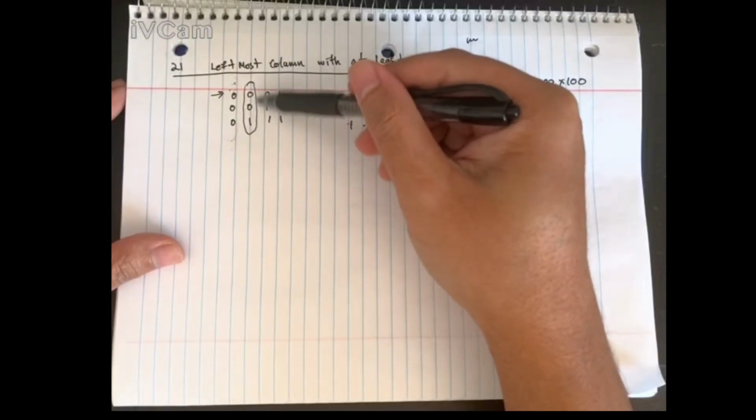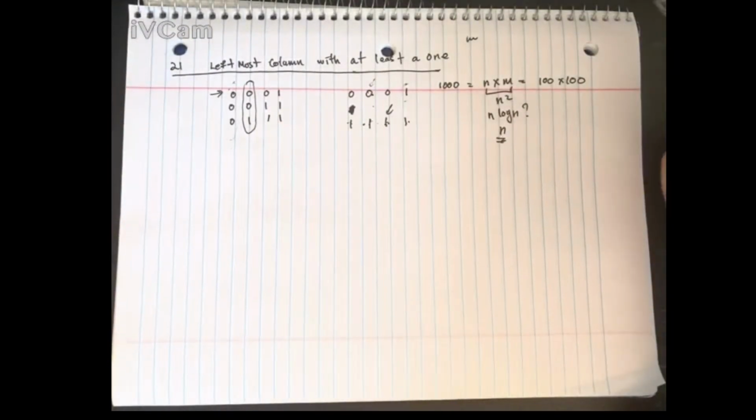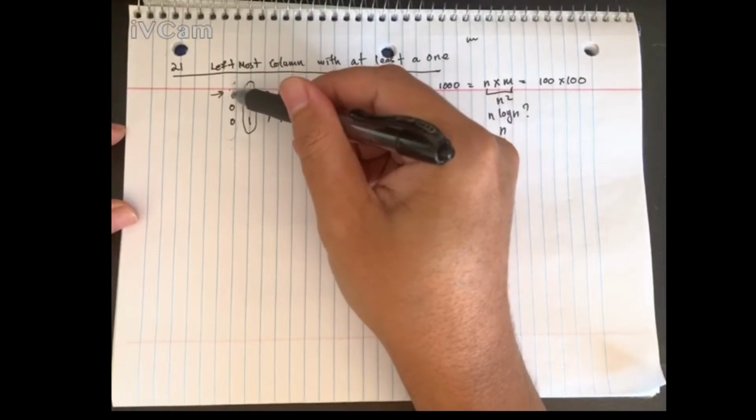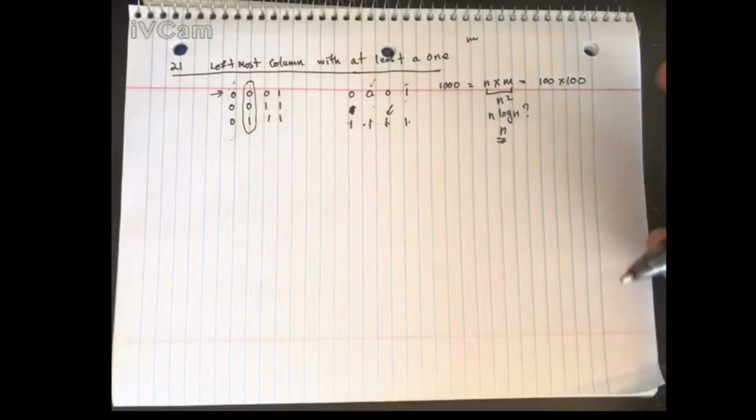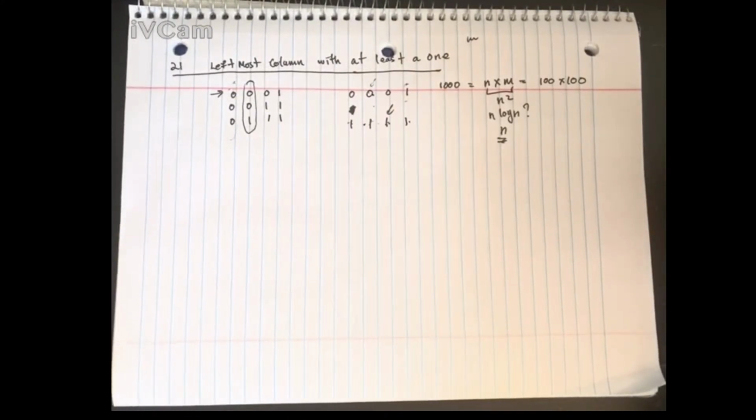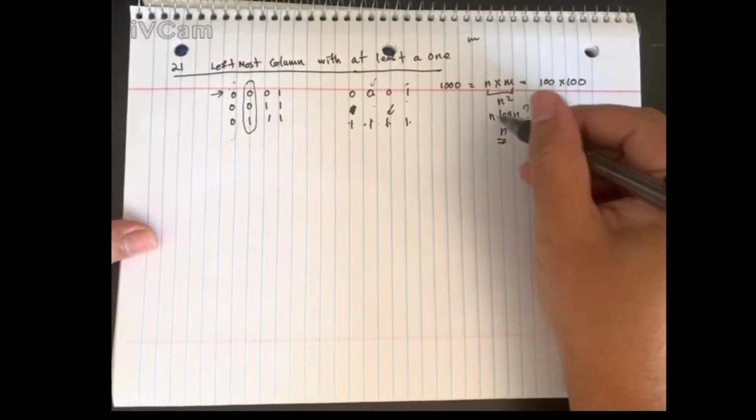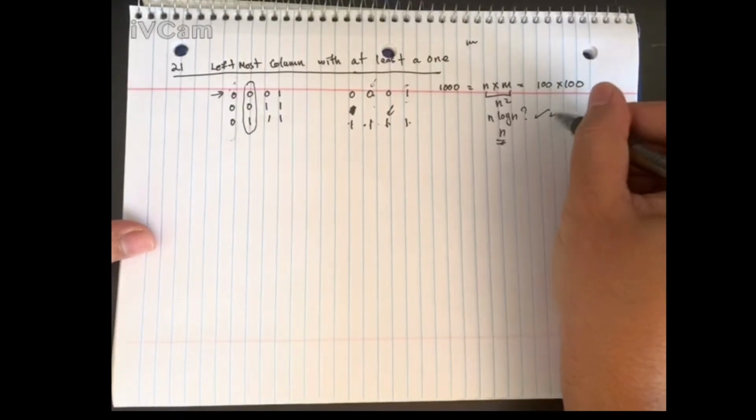We need to go to the second column, right? So n is not the baseline for this problem, because to check each column, we require n time already, right? So the next best thing that we can do is n log n right here.